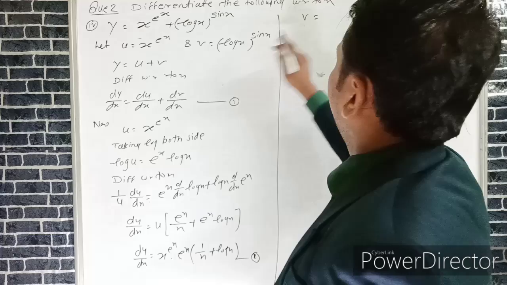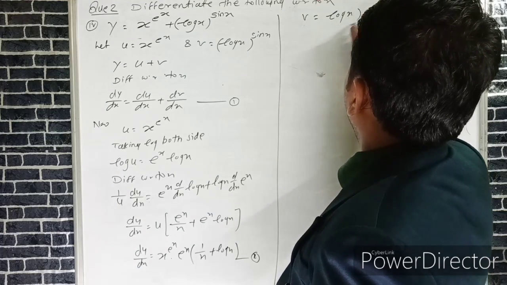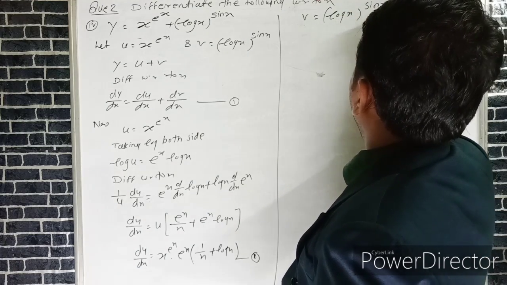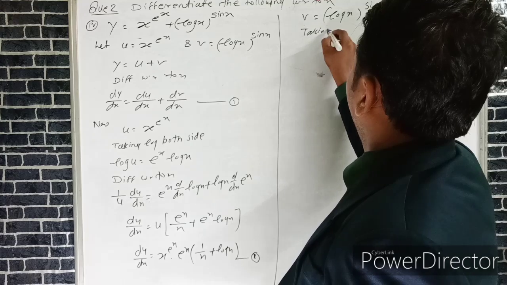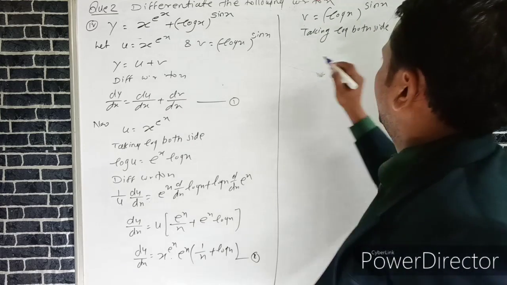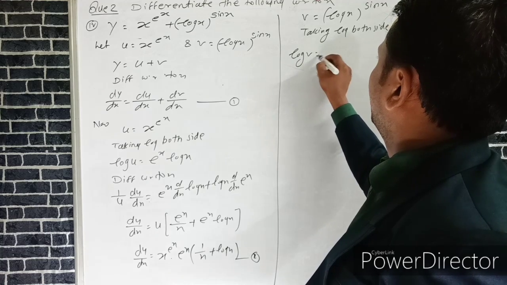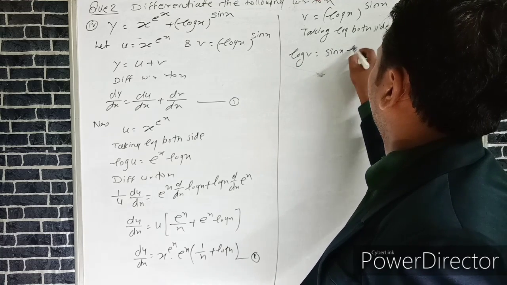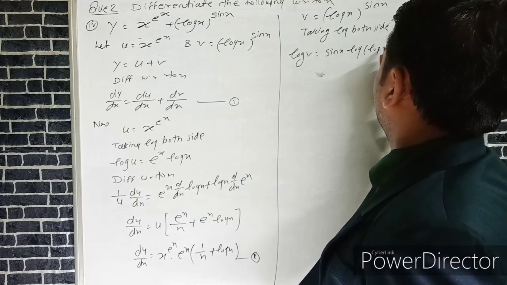Now we take v. The value of v is (log x) raised to the power sin x. If we take log on both sides, we can write log v is equal to sin x into log x.